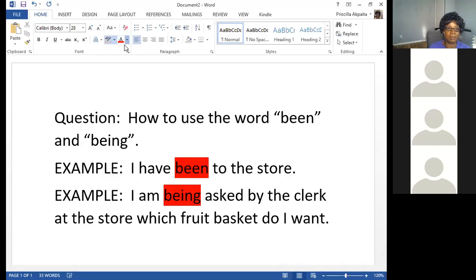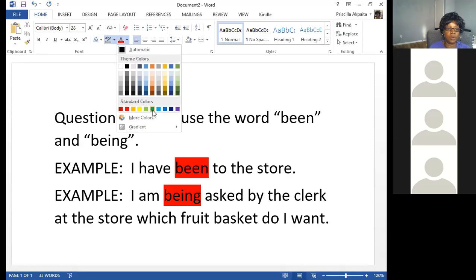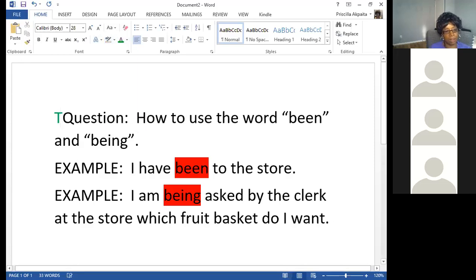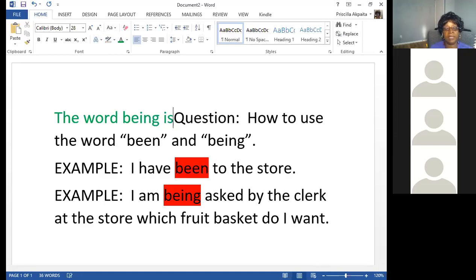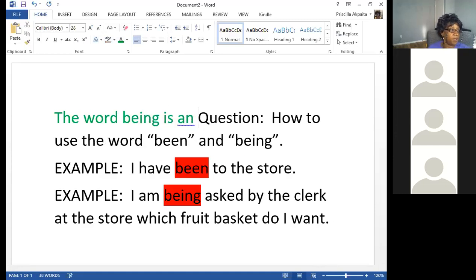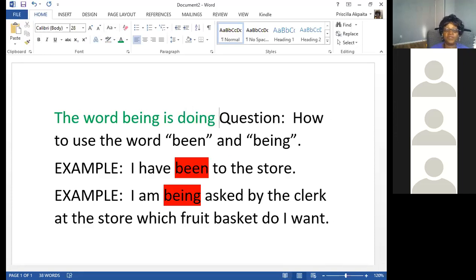is doing. The word being is it an adverb? Well, I think it's an adverb. No, it may not be an adverb. The word being is doing. Yeah, it's a verb. Being is a verb. Acting is a verb, okay? The word being is doing something, right?